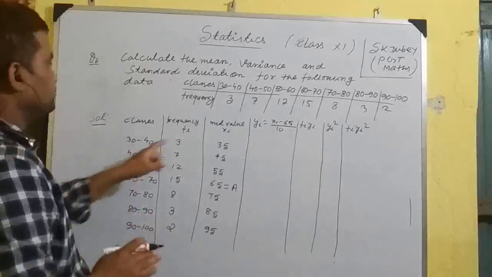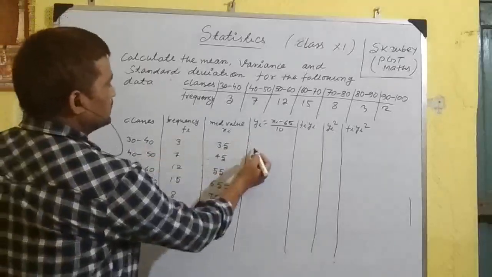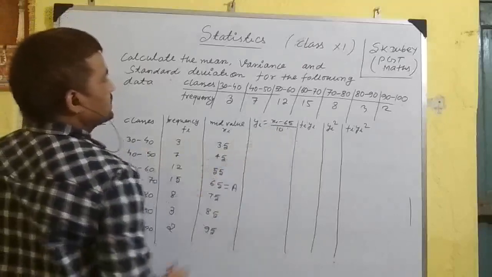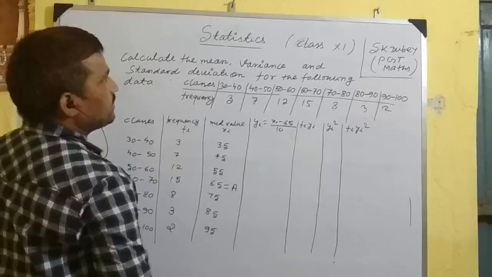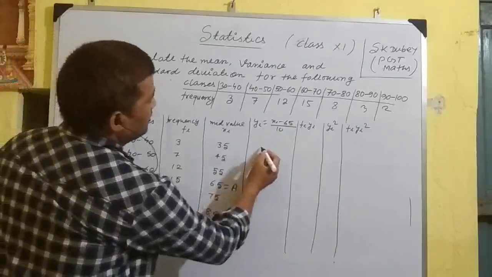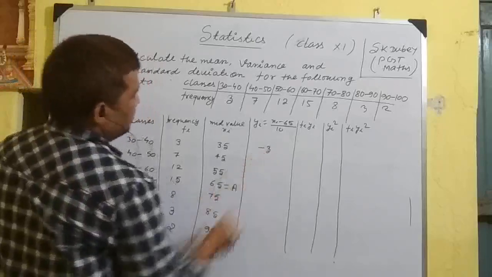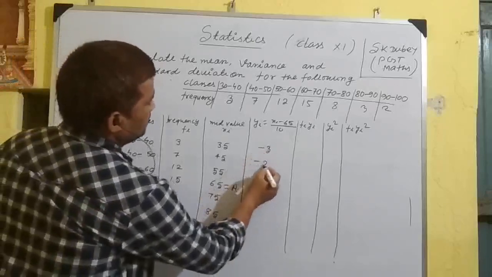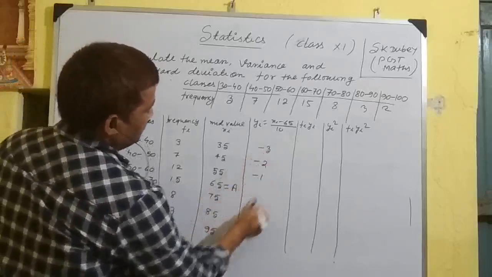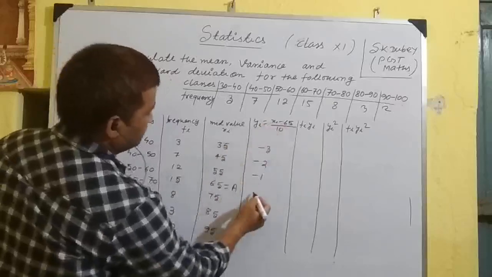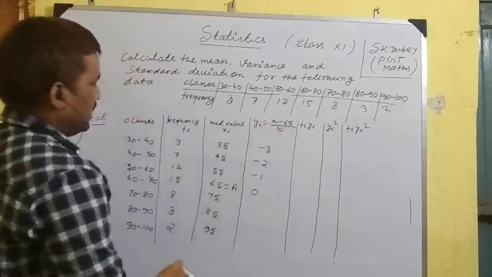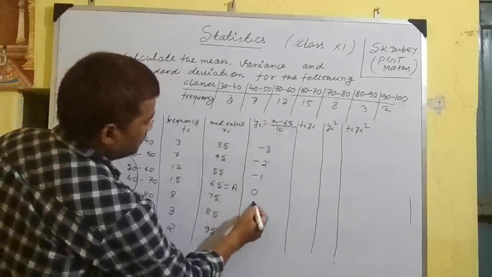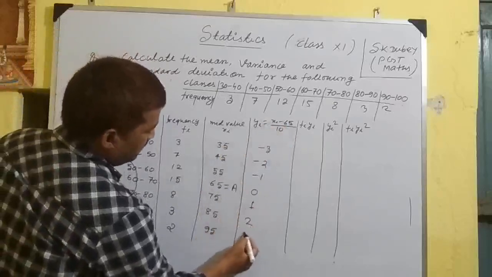Now yi is (35 minus 65) by 10, that is minus 30 by 10, it is minus 3, it is minus 2, it is minus 1, 65 minus 65 is 0, and it is 1, 2 and 3.